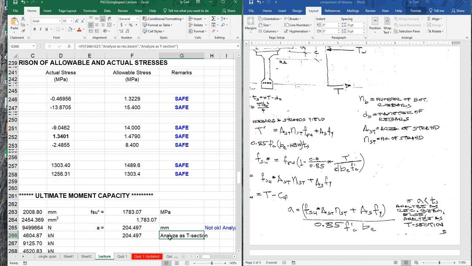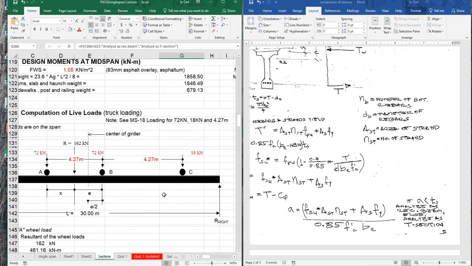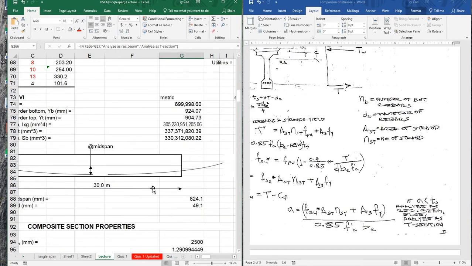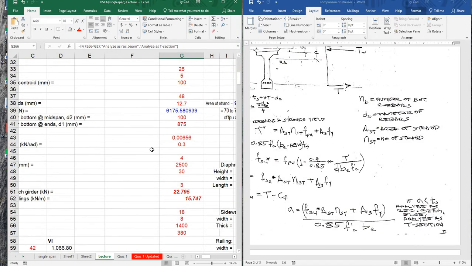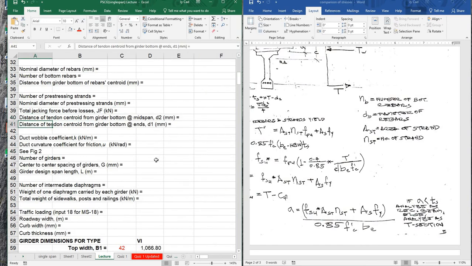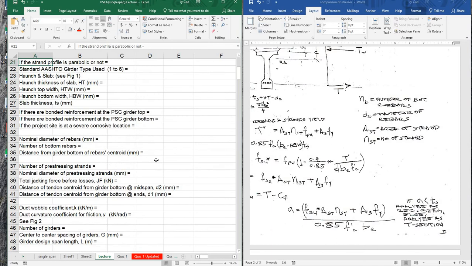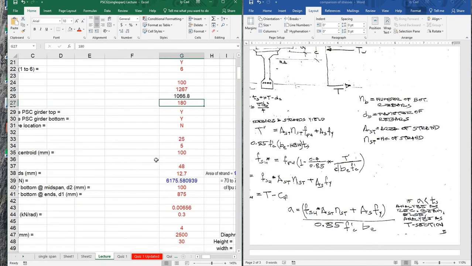Dahil ano ba yung value ng thickness of slab? Di ba? Thickness of slab is 180. Okay?